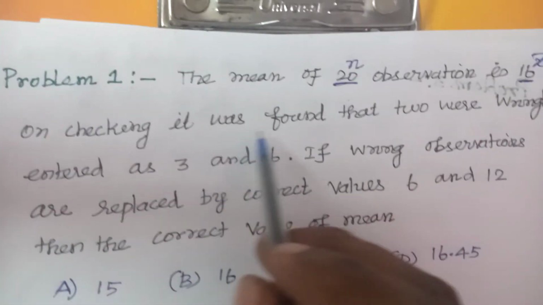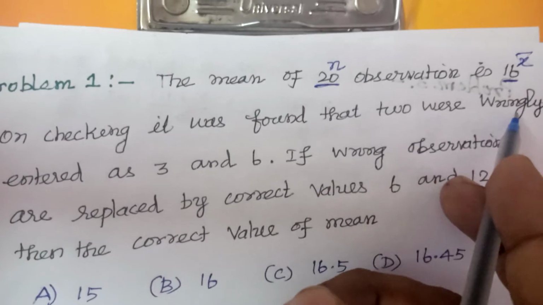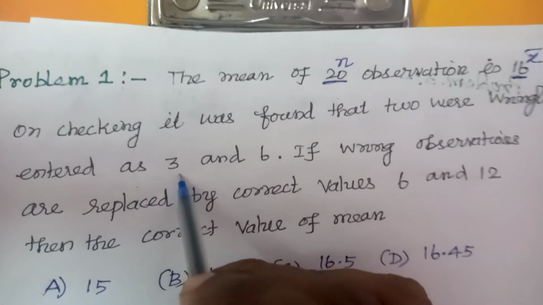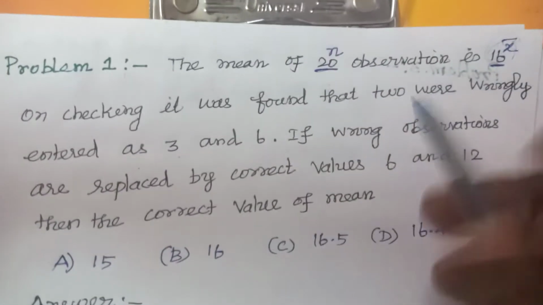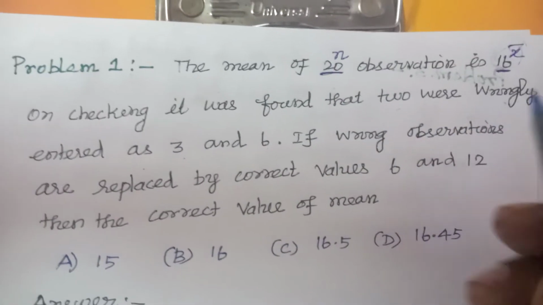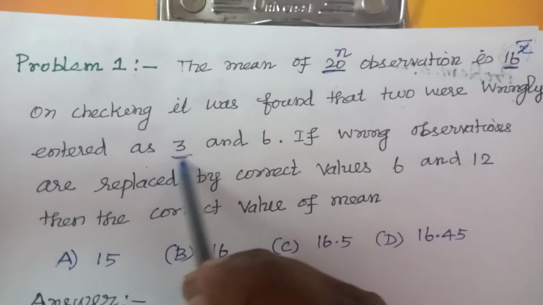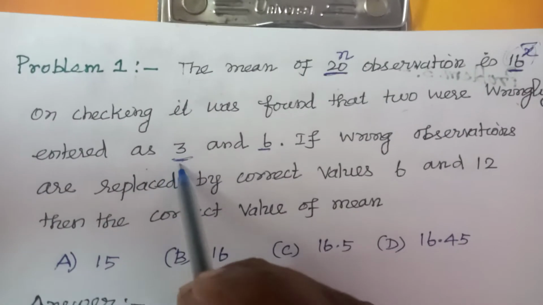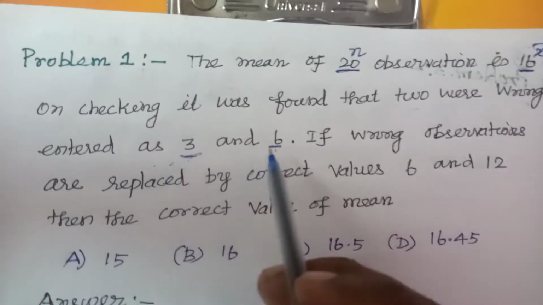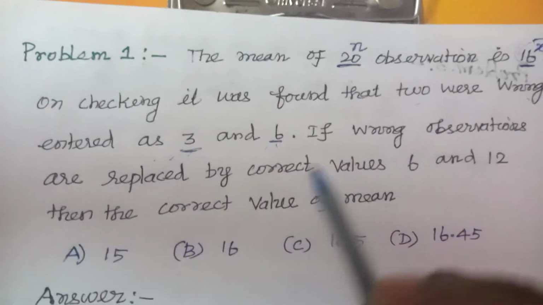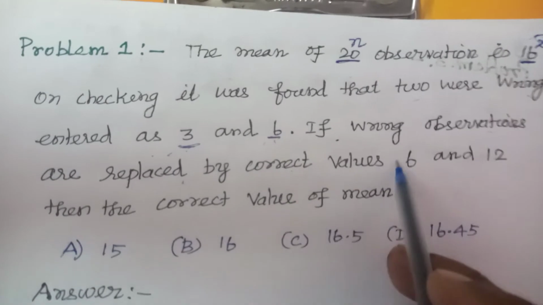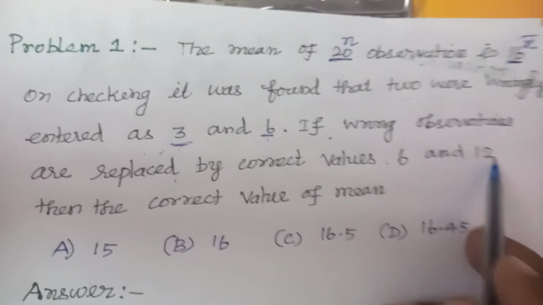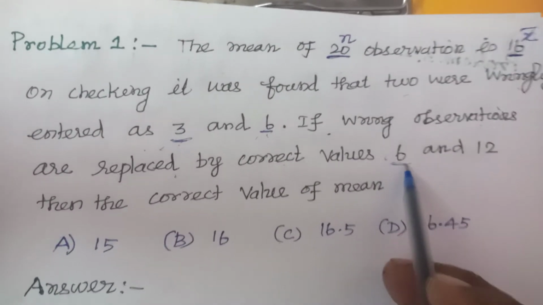On checking, it was found that 2 observations were wrongly entered as 3 and 6 when calculating the mean. If the wrong observations are replaced by the correct observations 6 and 12, we need to replace 3 and 6 with 6 and 12.